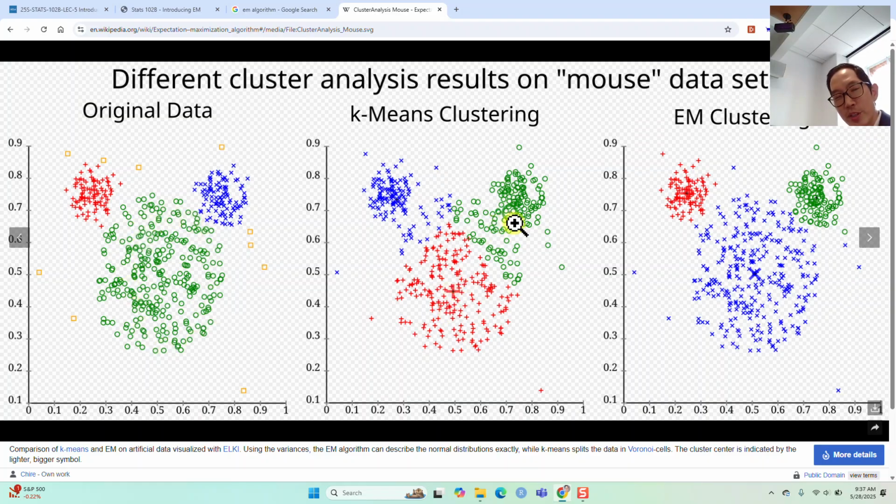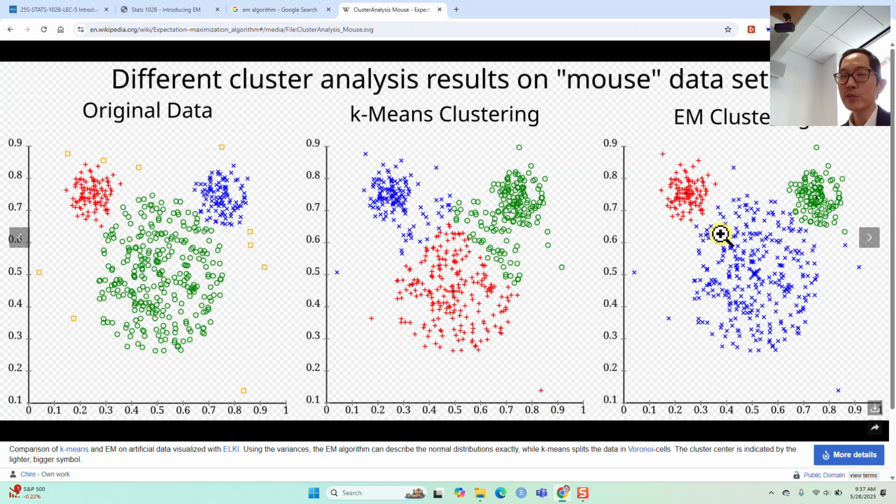But because the k-means clustering algorithm is going to identify a centroid right here, between this centroid, this red plus here, and this green circle over here, it's going to put points right here closer to this centroid than they are to this centroid, and therefore they get assigned to this cluster over here. Similarly, these points that are up here get assigned to this cluster. So it's not able to take into account the internal variance, and it's using Euclidean distance.